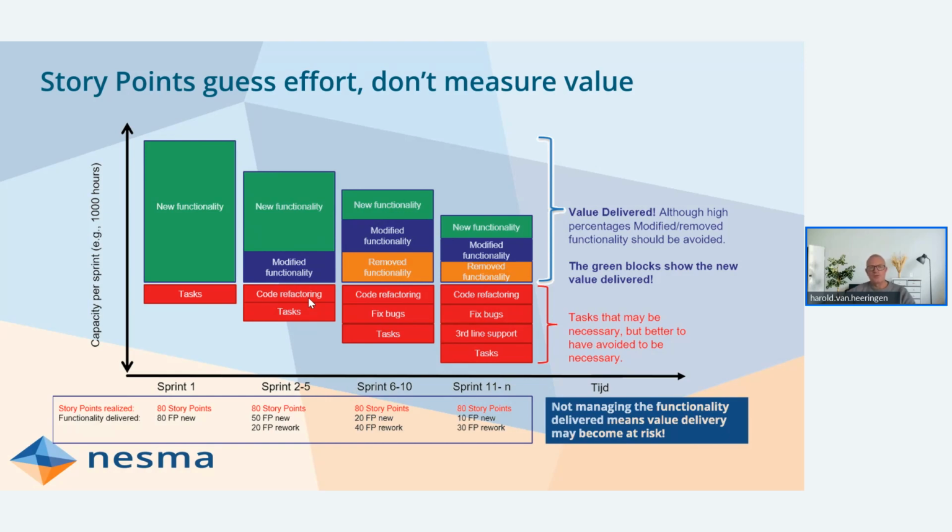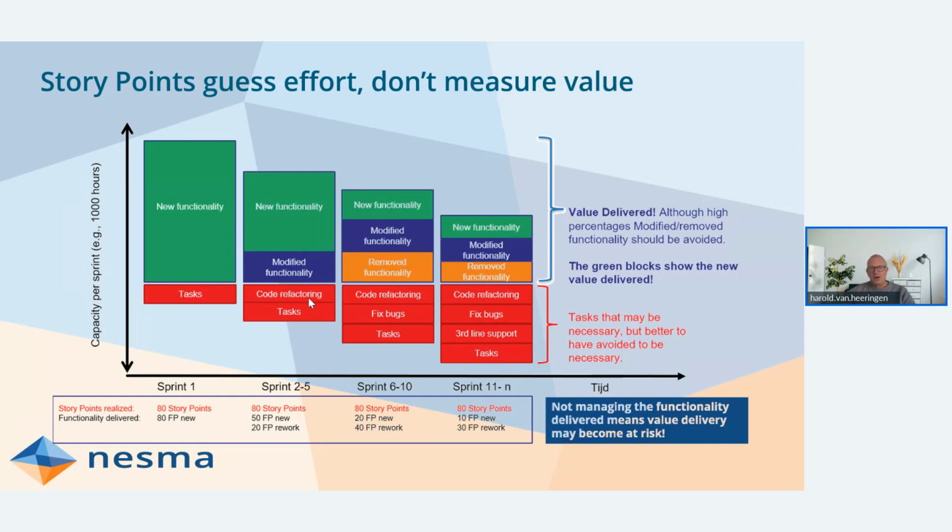So you have modified functionality. And because the team had to do some shortcuts in the code before to be able to deliver in time, you have to do some code refactoring to make sure that the code is okay. And then sprints later, you will also remove some functionality already made because it doesn't fit the need anymore. You will get some bugs that need to be fixed, etc.